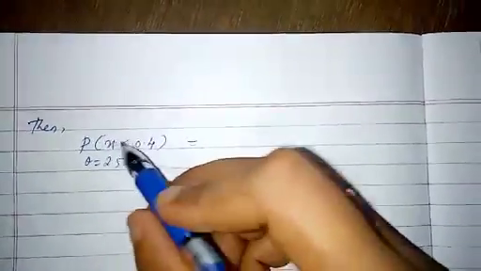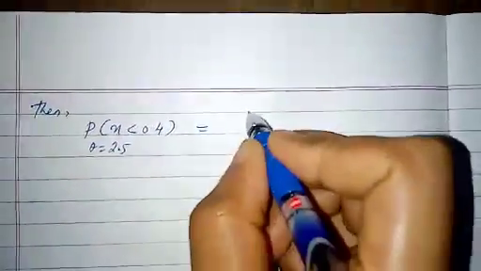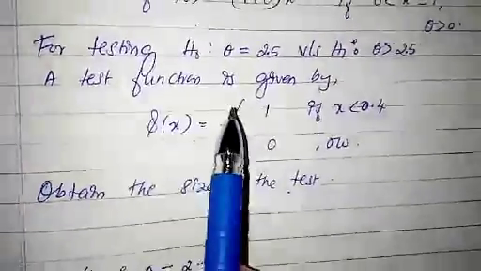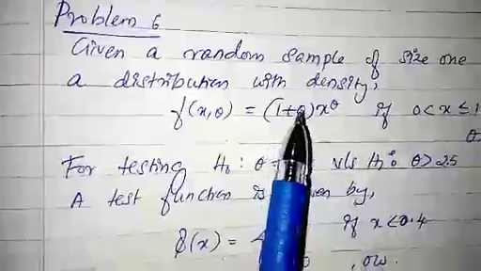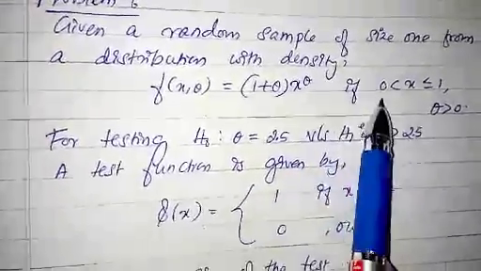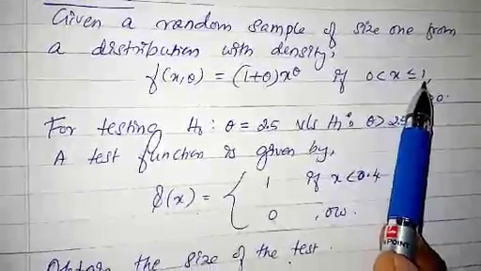So here we have to find out probability of x less than 0.4, theta equal to 2.5. In the problem it's given that f of x, theta is equal to 1 plus theta x to the power theta if 0 less than x less than or equal to 1.